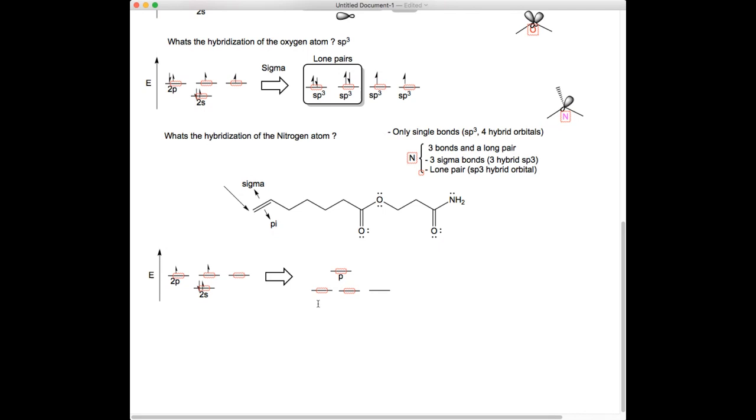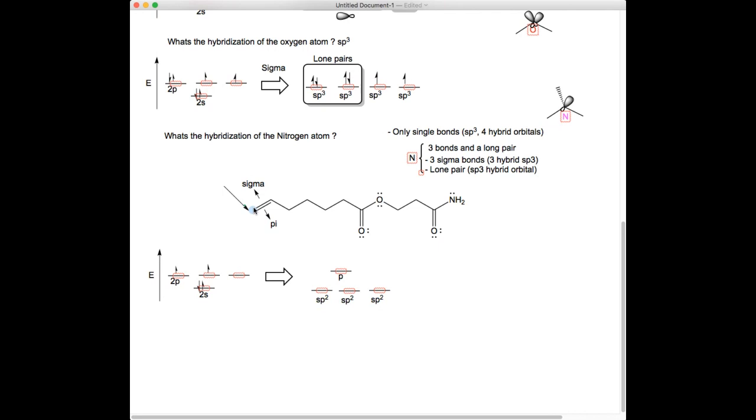In this case, we're going to call them, as I said in the previous class, sp2, because we're hybridizing 1s and 2p. That's a total of 3, sp2. So whenever we see an atom with a double bond, it means that it has 1 pi bond.